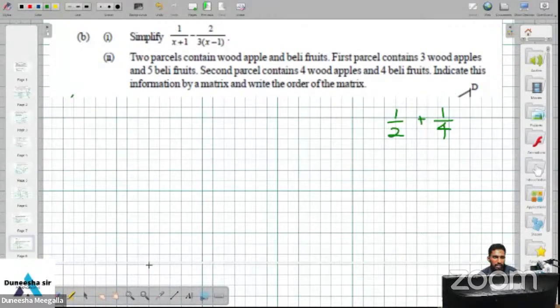There are two algebraic fractions. The denominators should be equal. You have to get the common denominator.